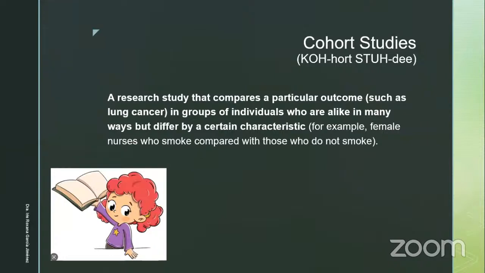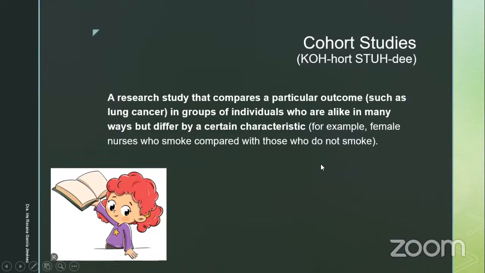In the cohort studies, we have a research study that compares a particular outcome, such as lung cancer, in groups of individuals who are alike in many ways, but differ by a certain characteristic. For example, female nurses who smoke compared with those who do not smoke.